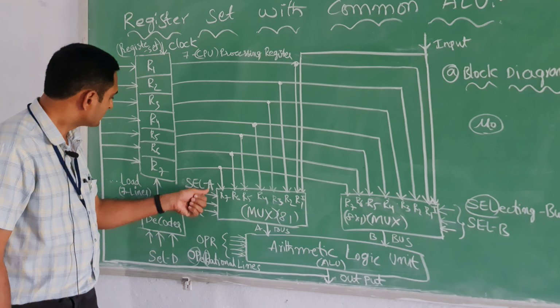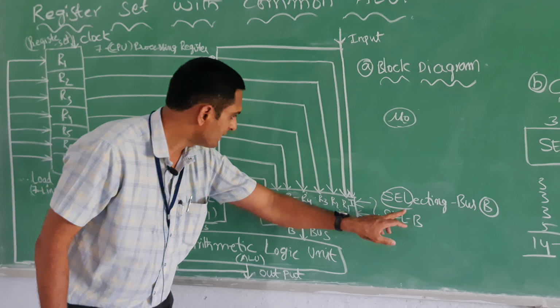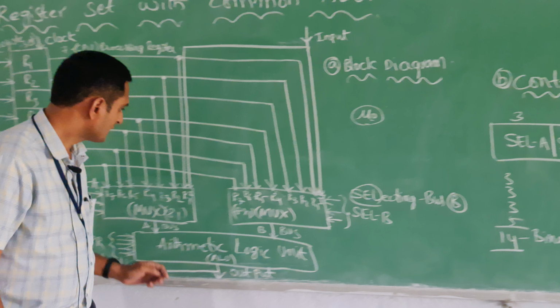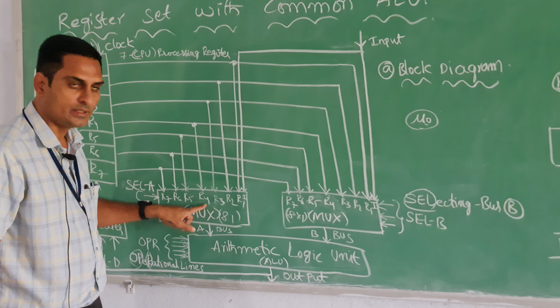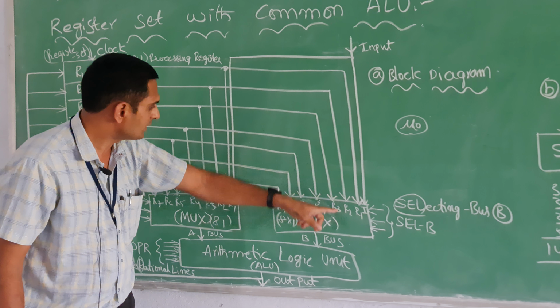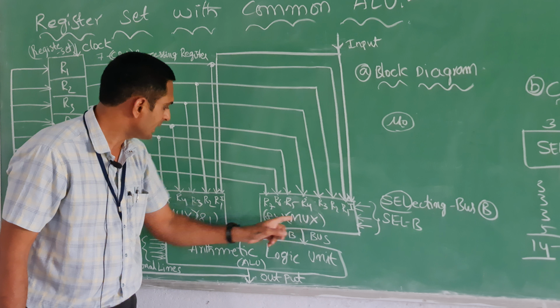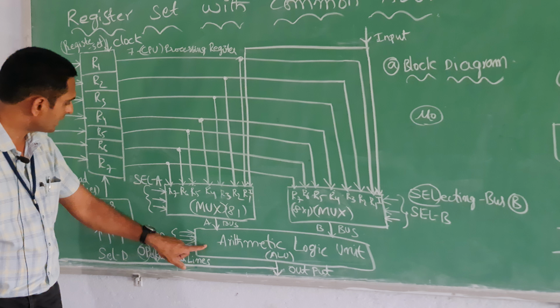Here we have SEL A. SEL A means select bus A. Here SEL B means selecting bus B. Bus B will be selected. These 7 lines will enter into this mux, including this input line 8, and the same 7 lines will enter as inputs to the other mux, including this 8. 8 into 1 gives 1 output as B bus, and here 1 output as A bus.